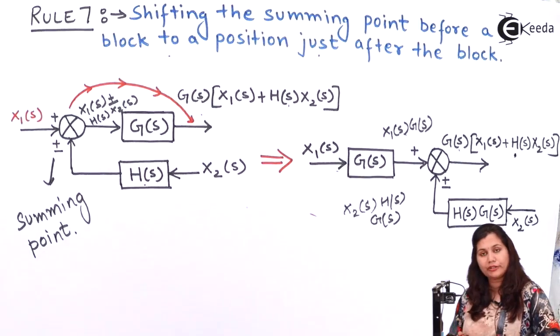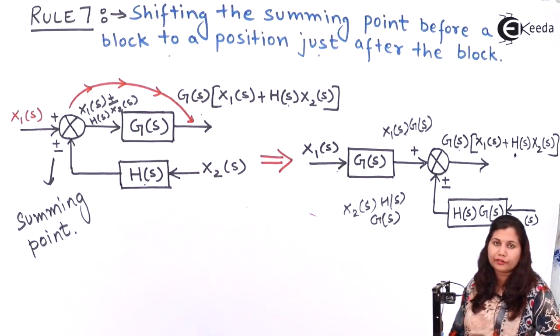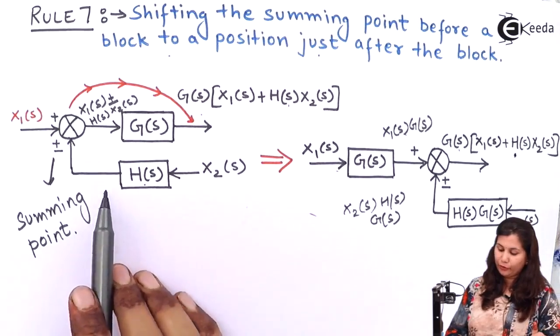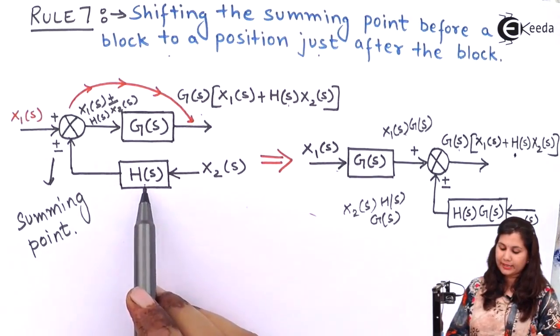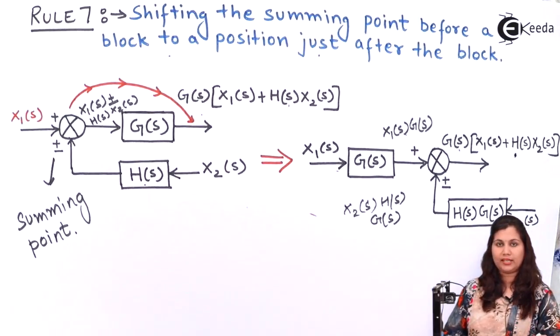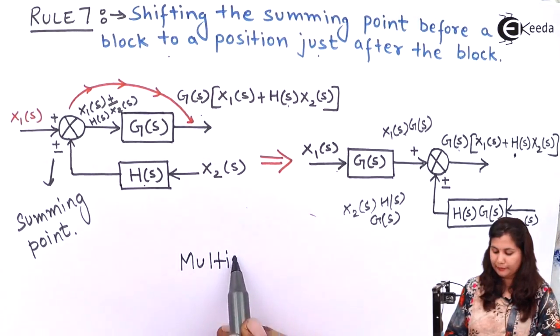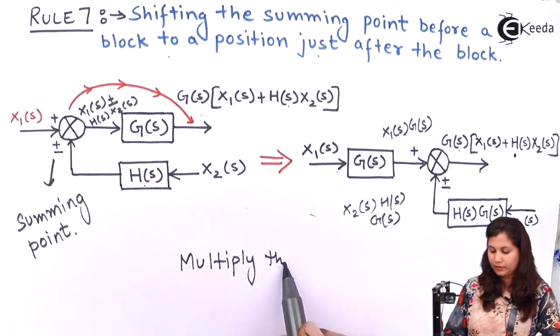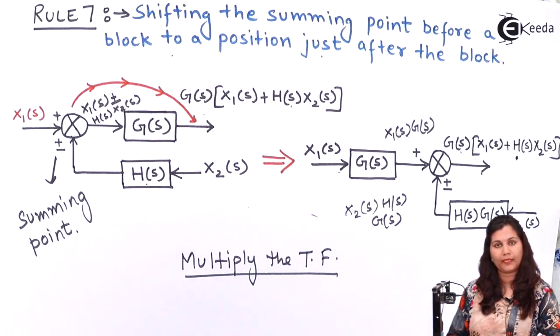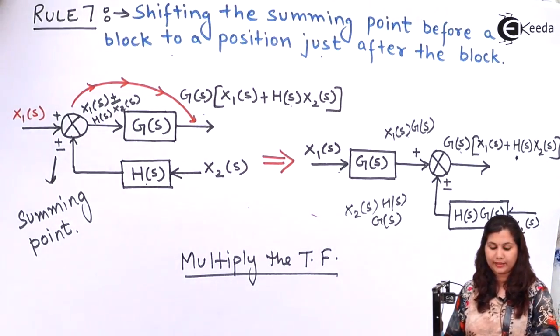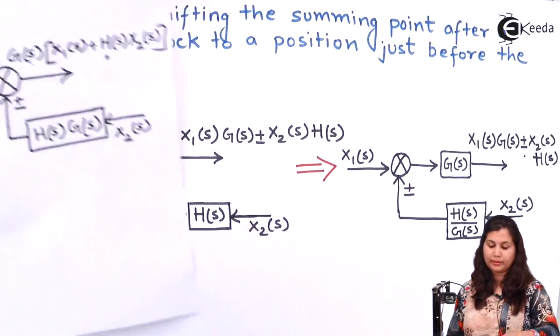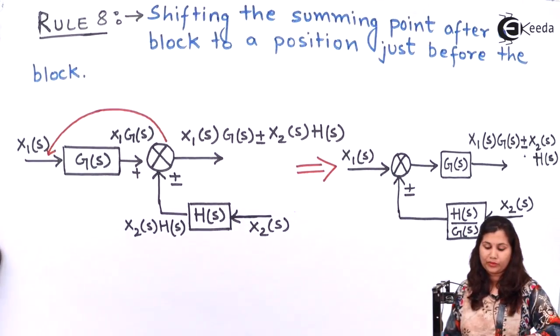So whenever you shift the summing point which is before a block to a position after the block, you just have to multiply this H(s) with G(s). In this case you have to multiply the transfer function. Just remember this.